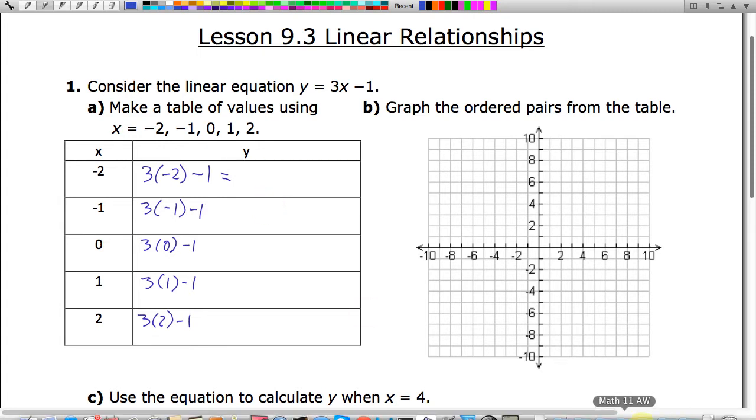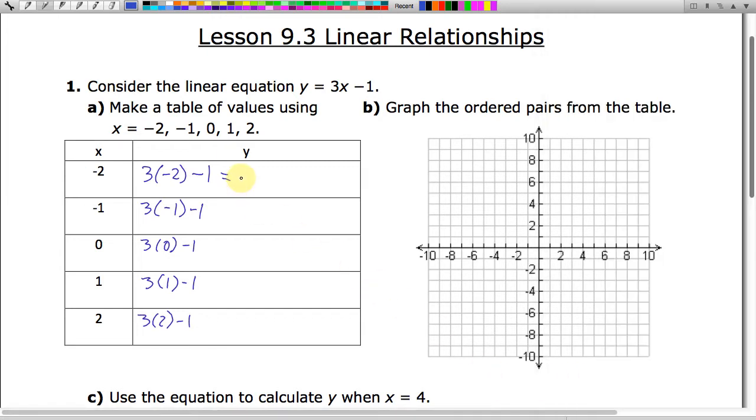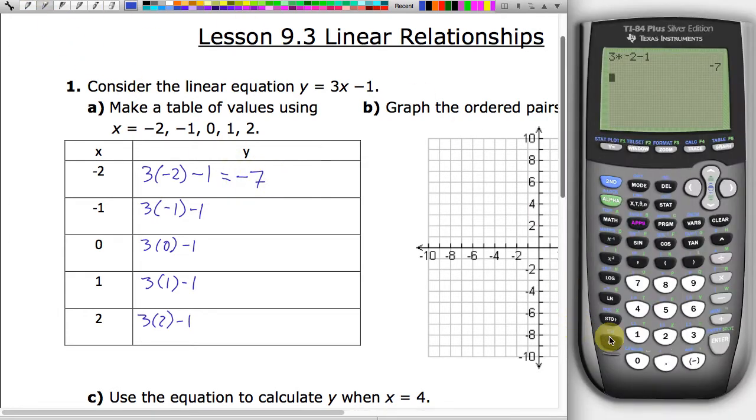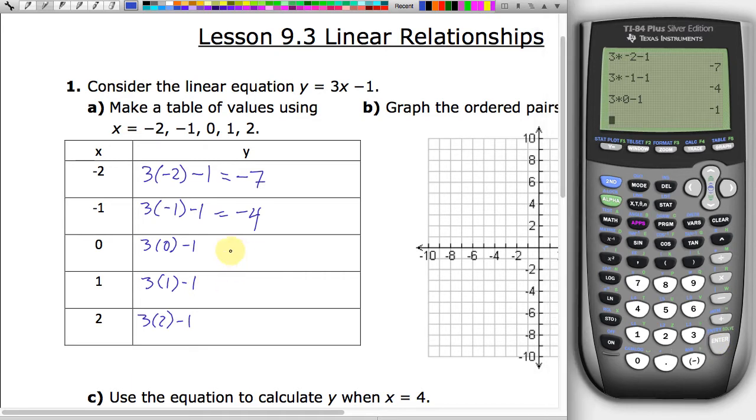Just going to move over to my calculator now. And do 3 times -2, take away 1, and that gives me -7. Okay, so now again I'm going to do 3 times -1, take away 1, that gives me -4, and 3 times 0, take away 1, and that's -1.